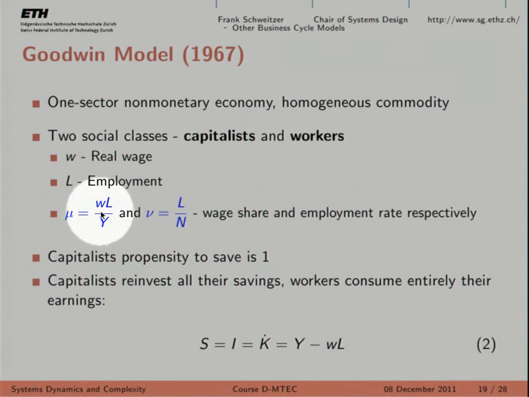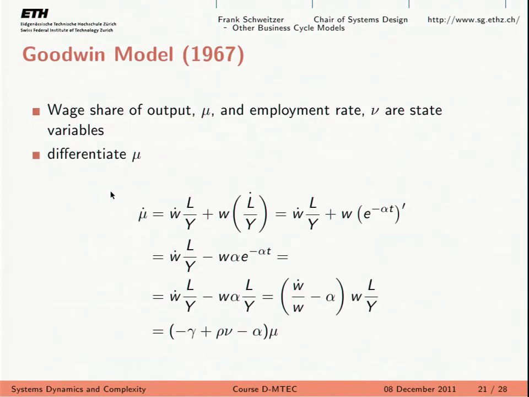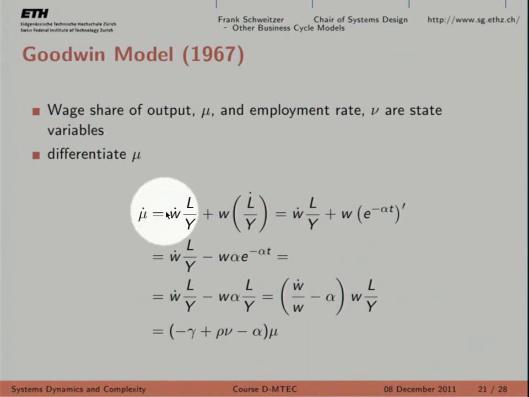So think of this as W times L over Y. It's the derivative of W times L over Y plus W times the derivative of L over Y. It's the chain rule, right? So, by the way, this dot refers to the derivative of this ratio here, not just to the derivative of L divided by Y. So if you don't want to be confused, maybe you can put a bar here, or you can put a prime here, like I've put it here.